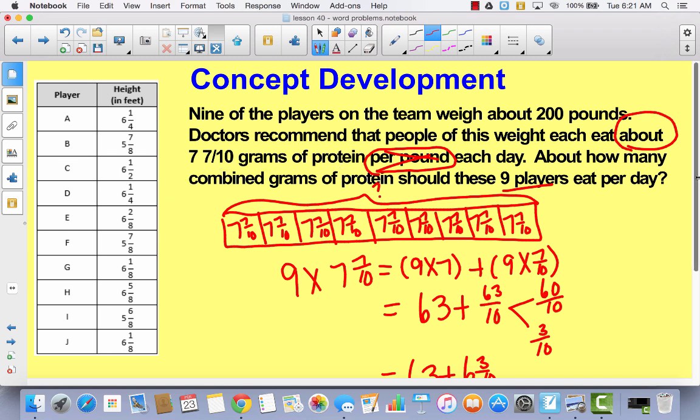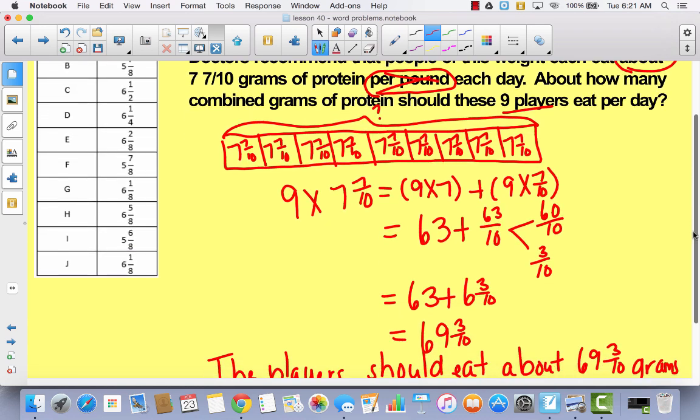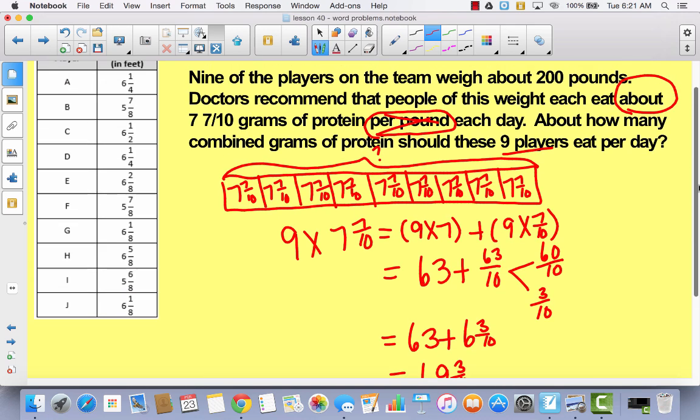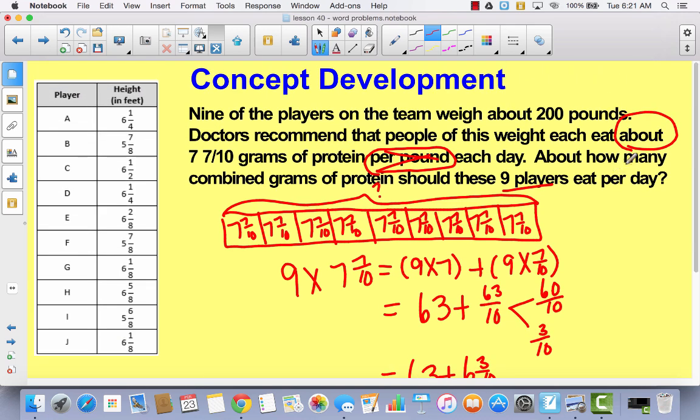So what that means is that the doctor's not recommending that they eat exactly 69 3/10 grams of protein, but they're saying that they eat about that much. That's why we did not have to estimate our answer, because back up here, when they were given the facts of the problem, they were already saying that this was an estimated amount, that the doctors were estimating that they needed to eat about this much. So that's why we didn't have to estimate. Okay, because I know sometimes that can be confusing to students.